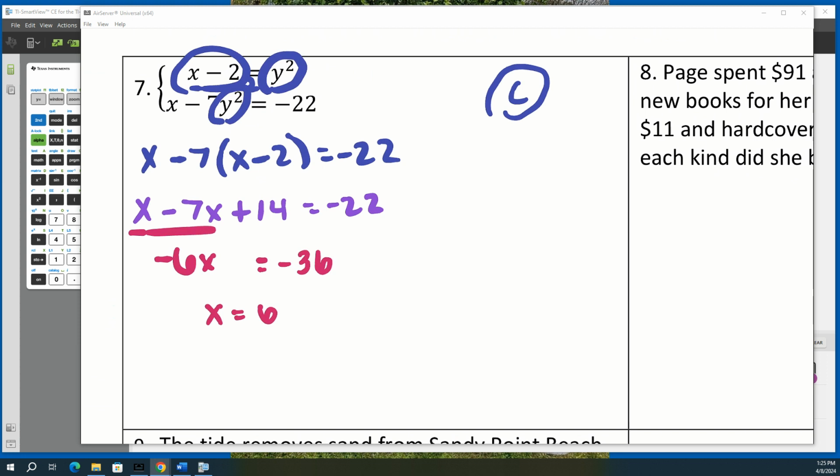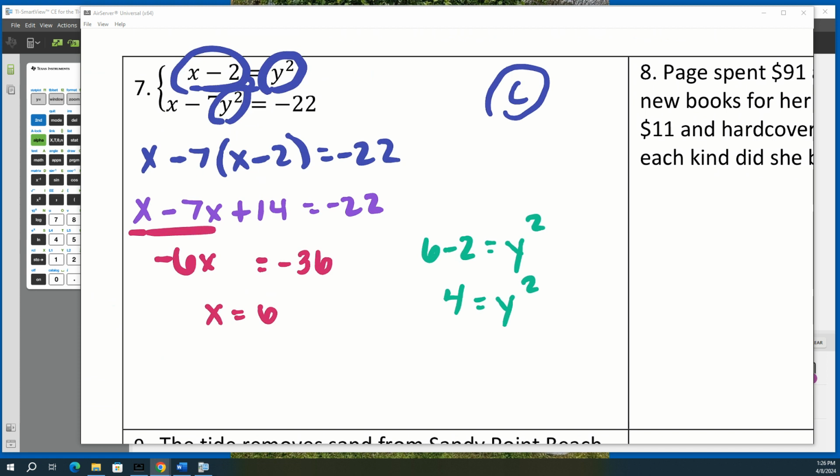All right, and then to figure out what y is, I can take that 6 and I can put it into either of those x's. Probably the first one is going to be the easier one to do. So what can I square and get 4? There's 2 answers.